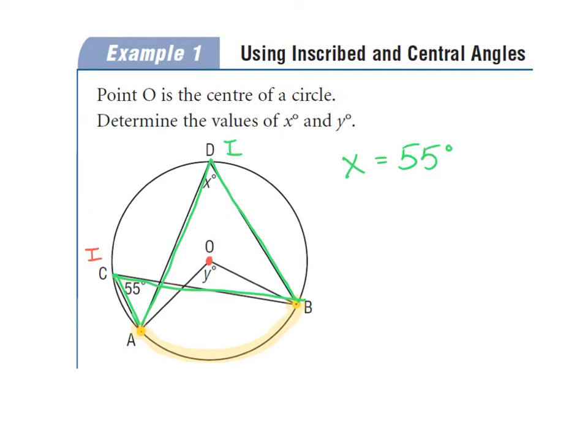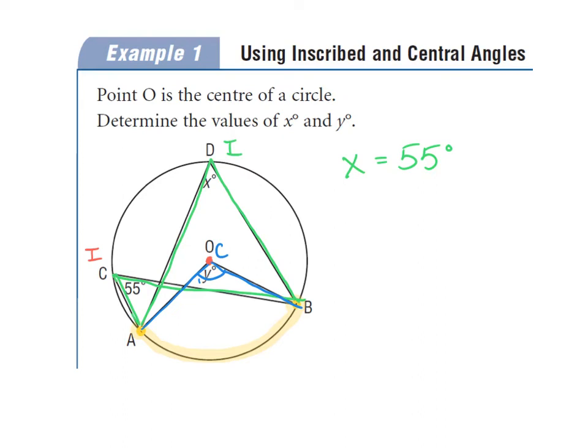Awesome, nice job. If I'm looking at angle Y now, you probably noticed it also comes off of arc AB, but instead of going to the edge of the circle like the other inscribed angles, it goes to the center. So Y is a central angle. I'm just going to label it C for central. And if it helps you to maybe highlight it in a color, that could be helpful.